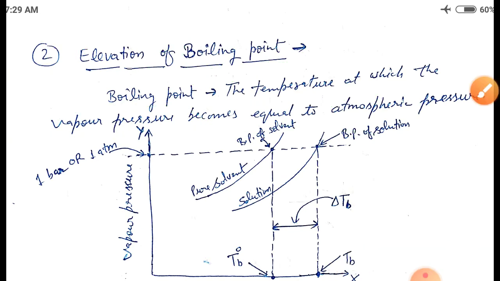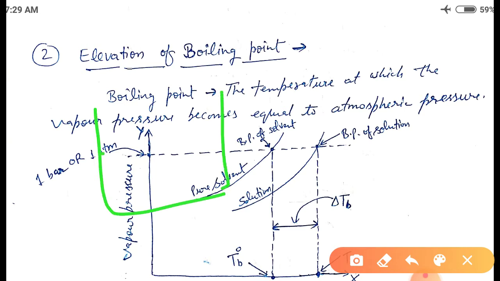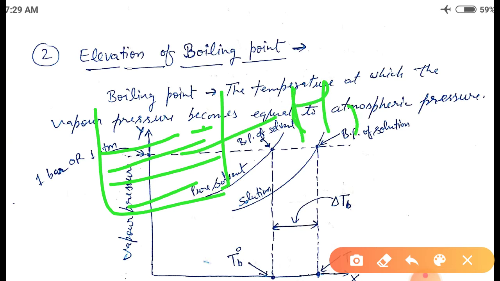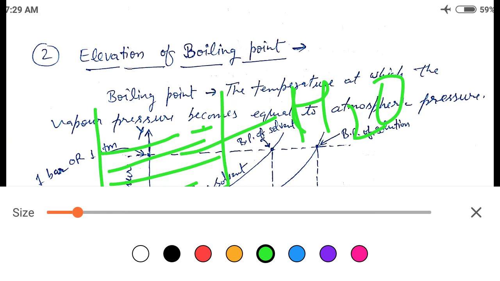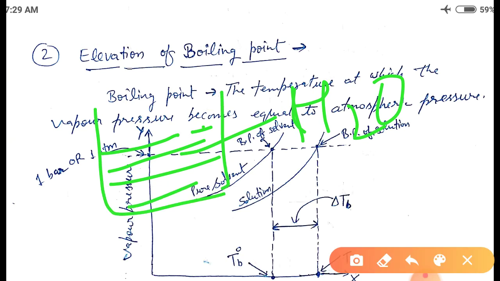For example, take water, H2O, and when it is heated, it goes into the vapor phase, and this vapor exerts a pressure on the surface.